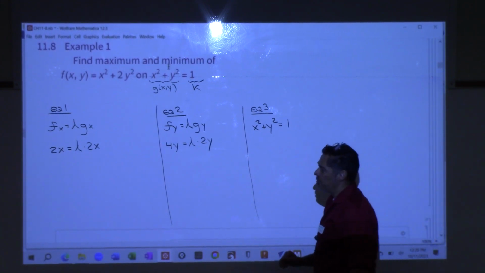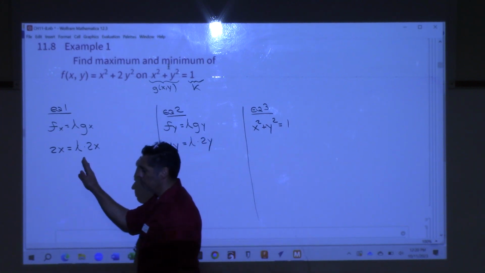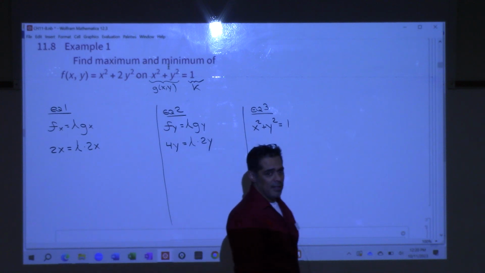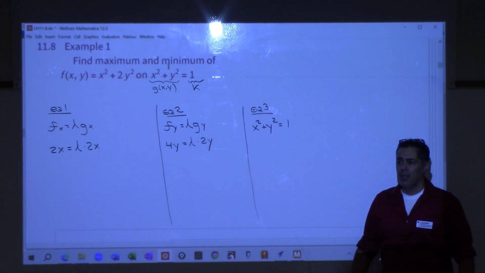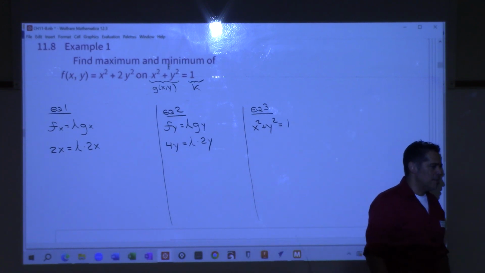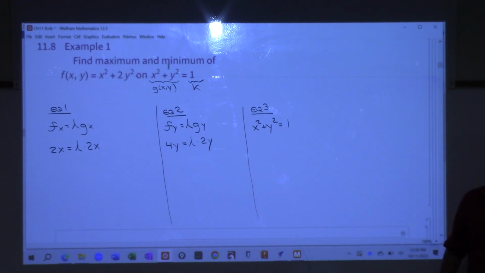So let's go back to this first equation right here. I'm going to tell you what I'm not going to do. I'm not going to divide both sides by x, because if you divide both sides by x here, then you eliminate the possibility that x could be 0. And can x be 0? Maybe. I don't know.